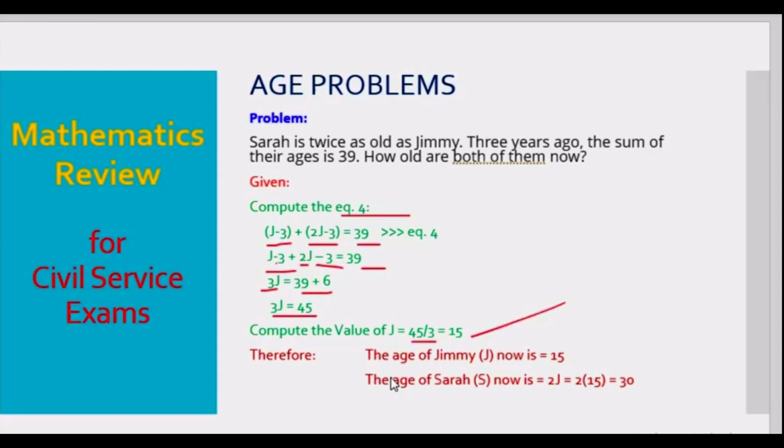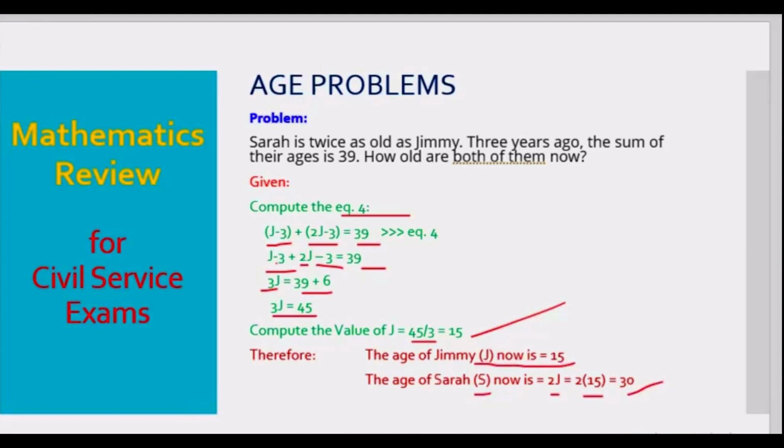So therefore, the age of Jimmy, which is J, is equal to 15. And the age of Sarah, S, which is 2J, is equal to 2 times 15 is equal to 30. So these are the two answers.